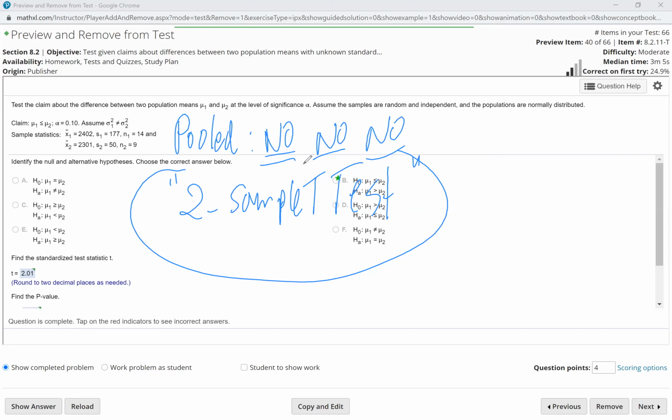You run a two-sample t-test, you got all the information, guys. Make sure, he says the claim is in the null hypothesis, and mu1 is less than or equal to mu2, so which it's going to be, doesn't show here.